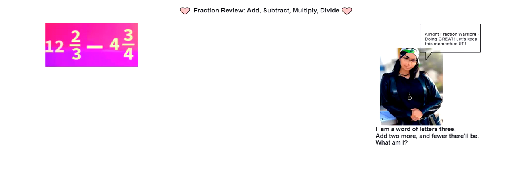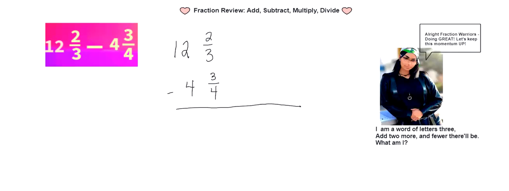So here we go. Now we're subtracting 12 and 2/3 minus 4 and 3/4. Again, I like to write mine vertically, so that's what I'm going to do. Like addition, we have to have a common denominator to subtract our fractions.